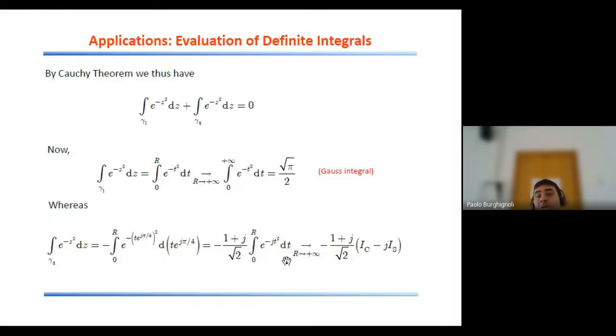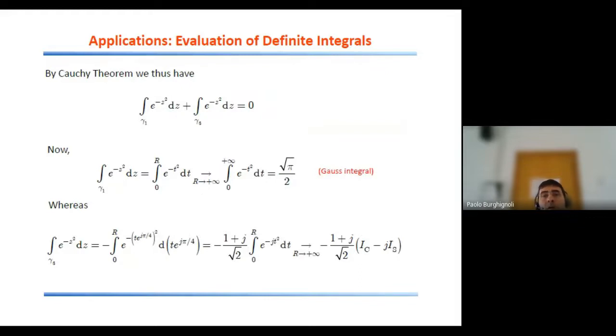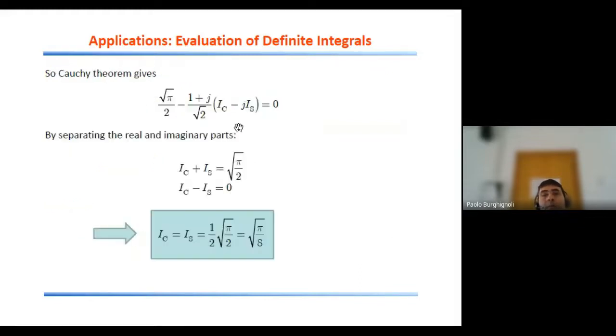And again, if you let r tend to infinity and you split the real and imaginary parts of that integral, you end up finding IC and minus IS, which are what we wish to evaluate, respectively the integral of cosine t squared and the integral of sine t squared. So now you put all the pieces together, and you have that the integral along gamma 1, this constant here, minus the integral along gamma 3, which is a linear combination of IC and IS, must be equal to 0.